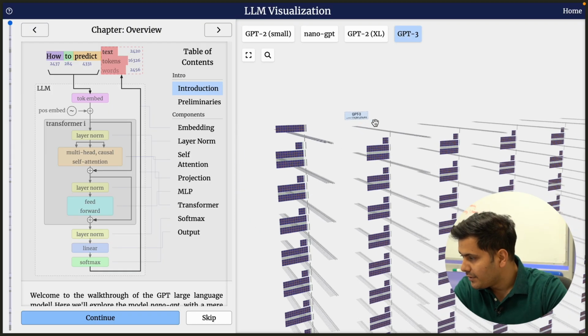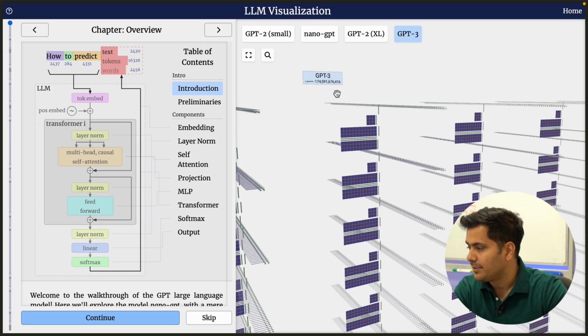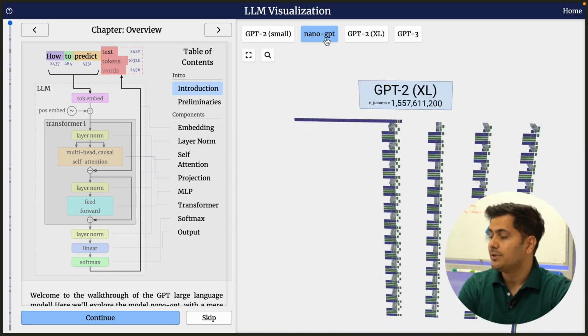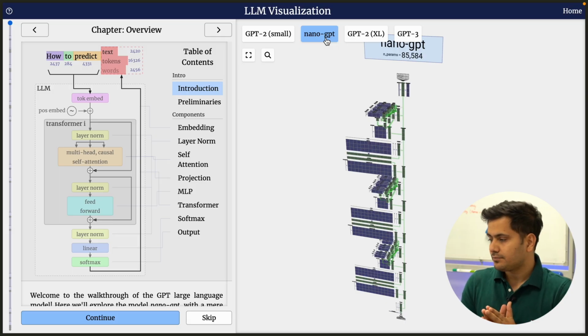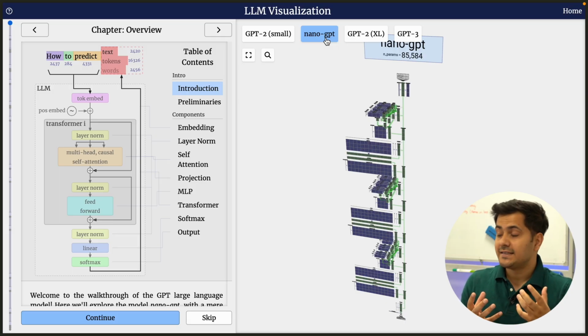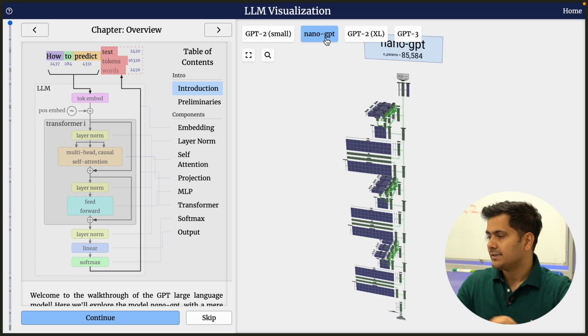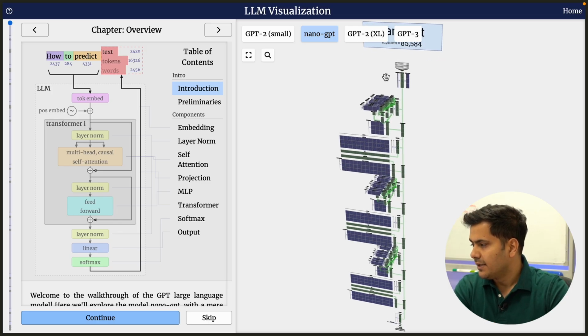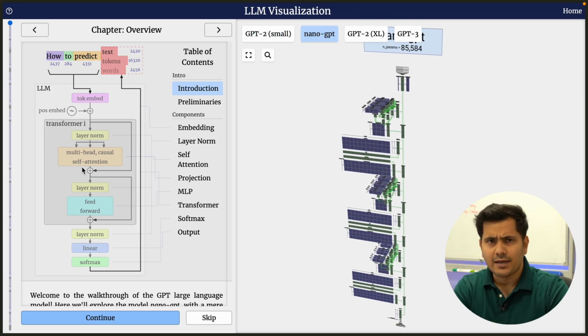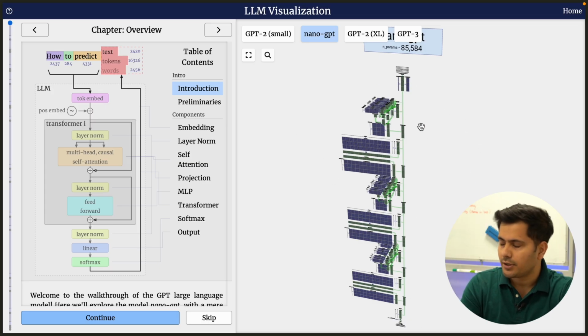Let's see, 175 billion parameters, right? We will just look at NanoGPT. NanoGPT is, I guess, a learning project that was implemented by, I think, Andrej Karpathy, and this is just a visualization of that neural network.